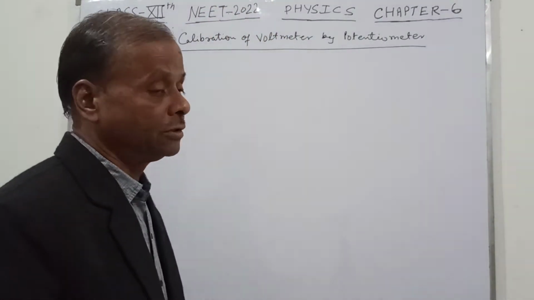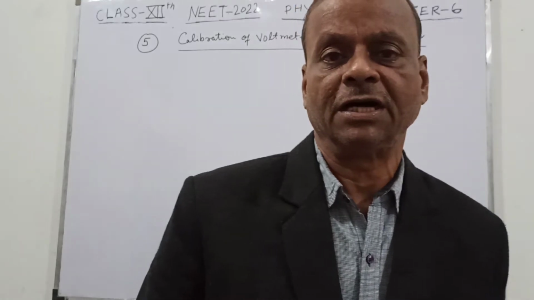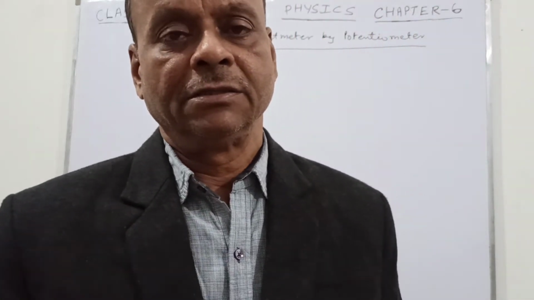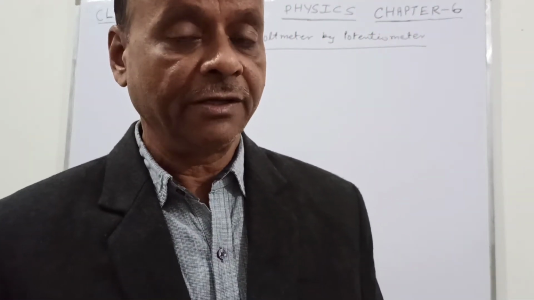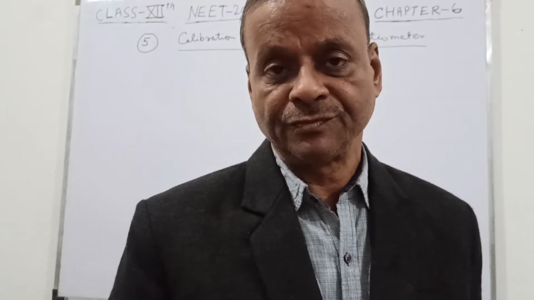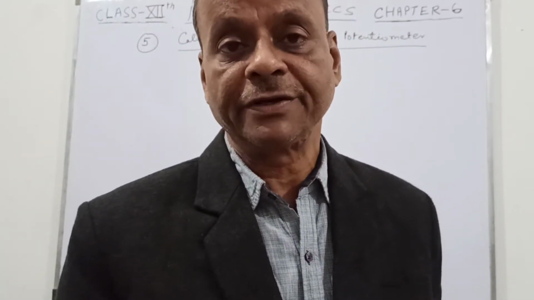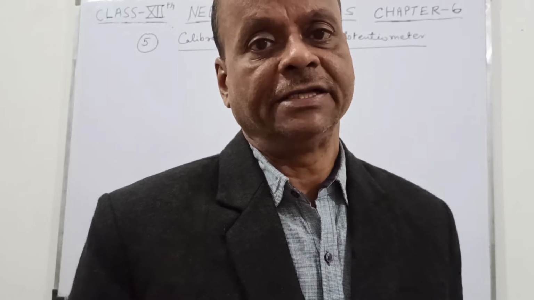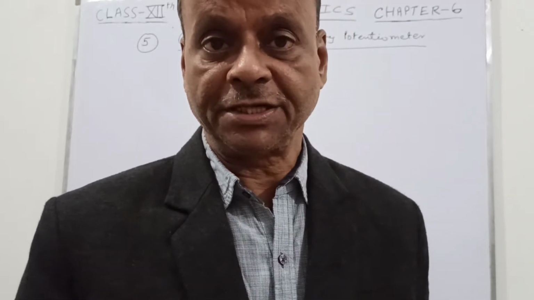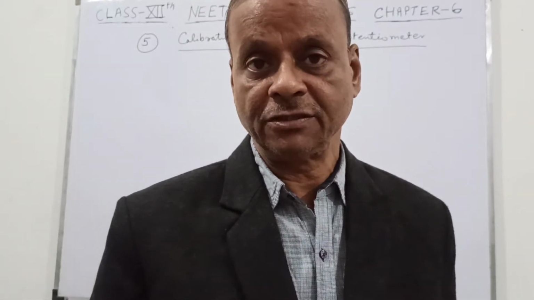Now the question in the board exam is asked like this: what is the meaning of calibration? And then they ask the circuit diagram for the calibration of voltmeter or ammeter.